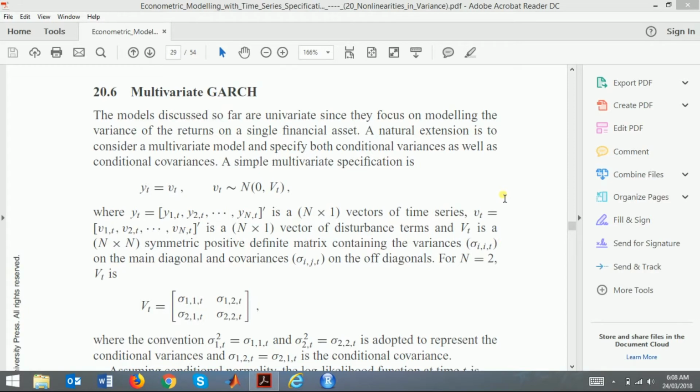As far as we are concerned, up until now we modeled the variance of the returns on a single financial asset. A natural extension is to consider a multivariate model to specify both conditional variances and covariances.